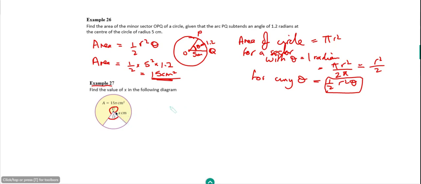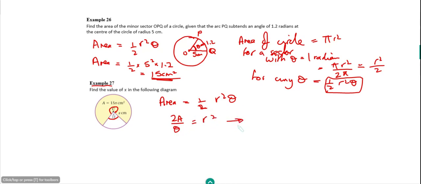So if we take our formula again, area is equal to half r squared theta, then we can rearrange that because we're looking for the radius. First of all, I'll multiply by 2. I'm just going to call area A. So I'll get 2A divided by theta is equal to r squared.